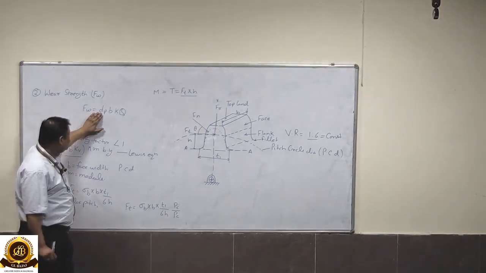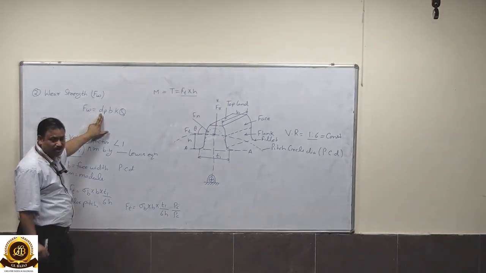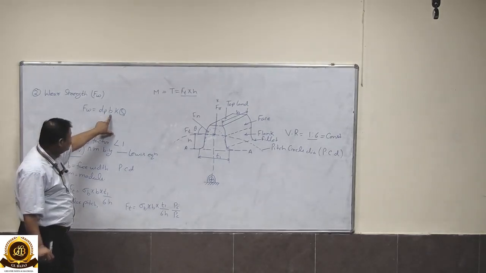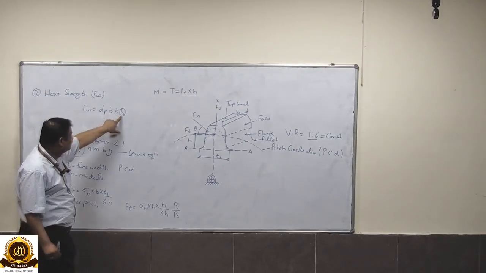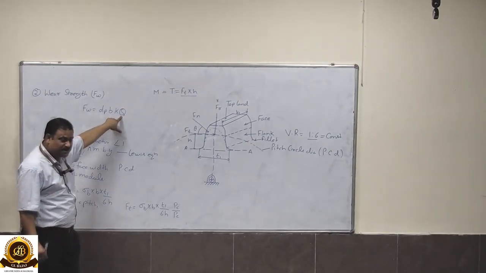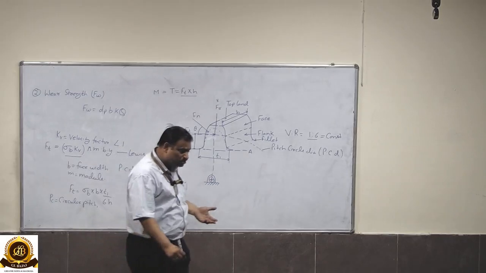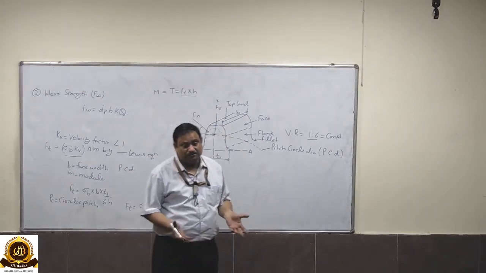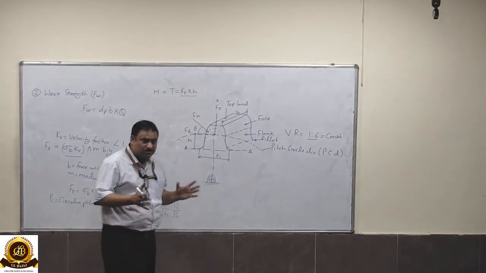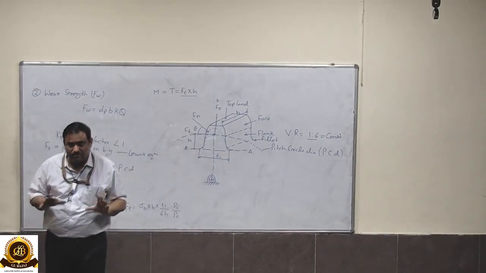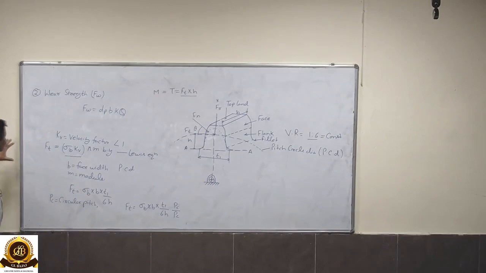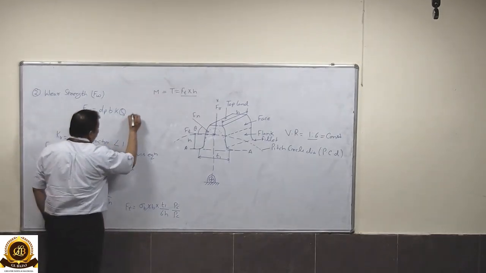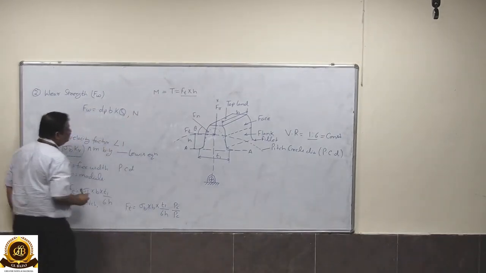So we have to take here the pitch circle diameter for the pinion. Here b is the face width, K is the material combination factor or load factor, and Q is the ratio factor, which depends upon the velocity ratio and the type of arrangement. The type of arrangement means whether the gears are internally meshed or externally meshed. So here we have to calculate the wear load in Newton.